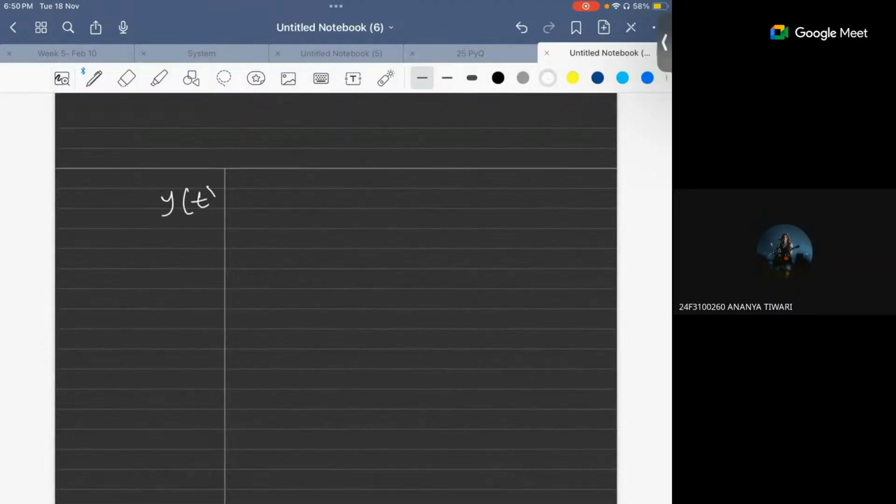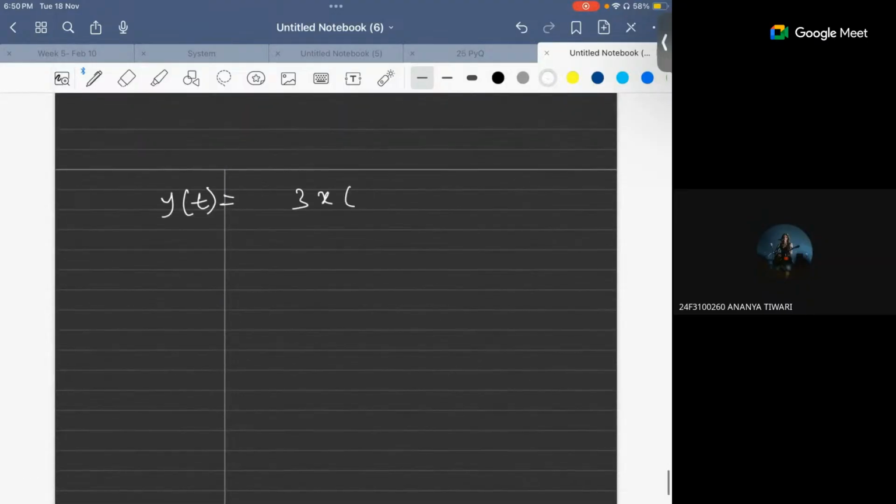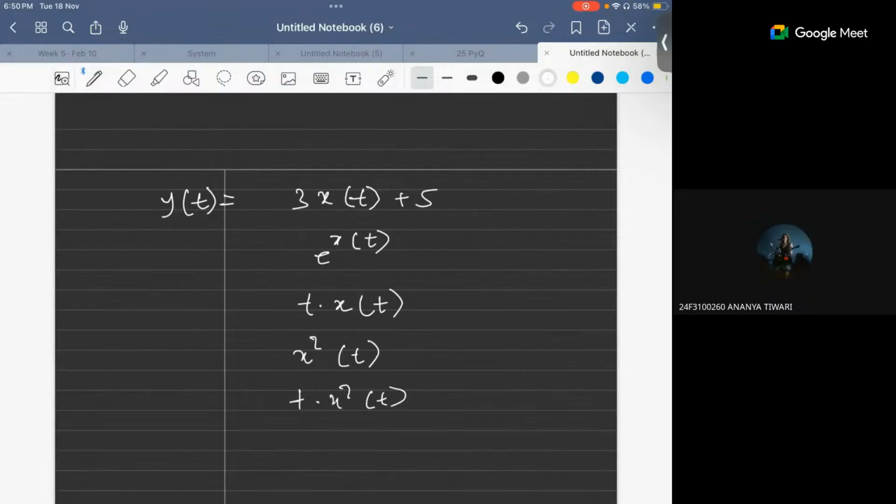So now, if you have understood, tell me whether these are stable or not: e to the power x(t), t times x(t), x square, t times x square. Tell me the first one. If you are putting some finite value here, will you be getting a finite or infinite output?